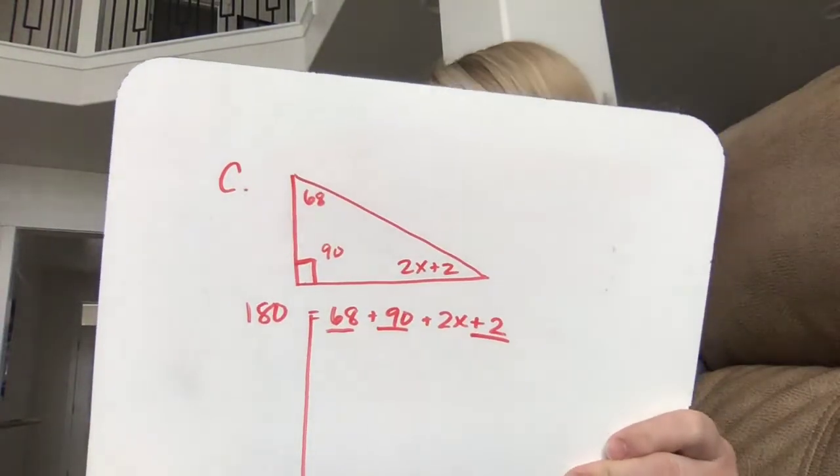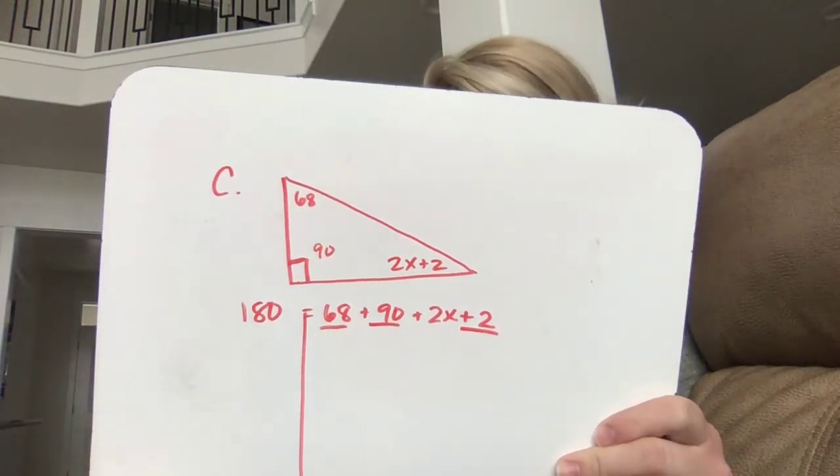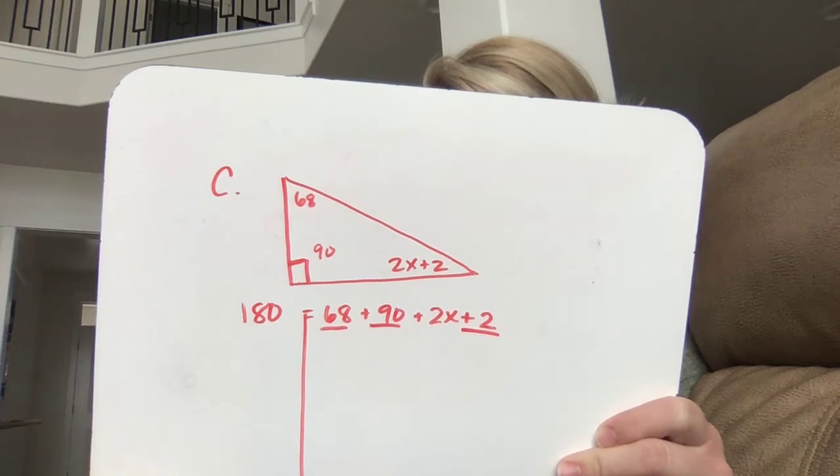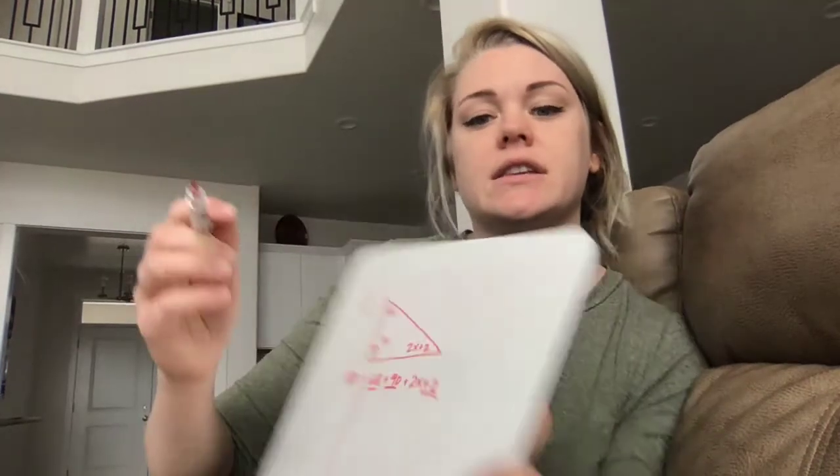I'm going to simplify. So, I have 68 plus 90 plus 2. I got 160. So I have 160 plus 2x, and that equals 180.